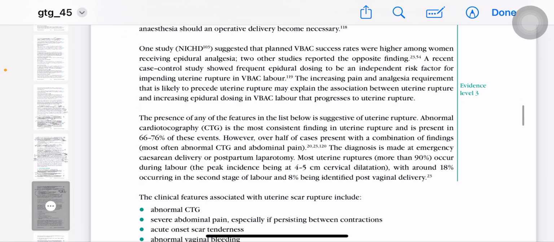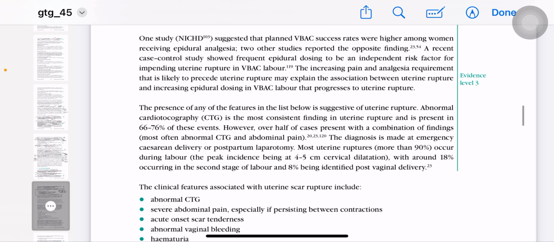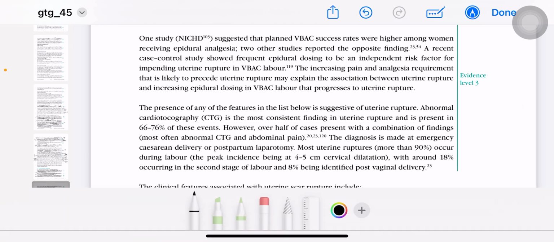Now, how will you check whether the patient is having a uterine rupture? With a previous cesarean there is a risk of uterine rupture, so how will you assess? The presence of any feature in the list below is suggestive of uterine rupture. Abnormal CTG is the most consistent finding in uterine rupture and is present in 66 to 77% of events.